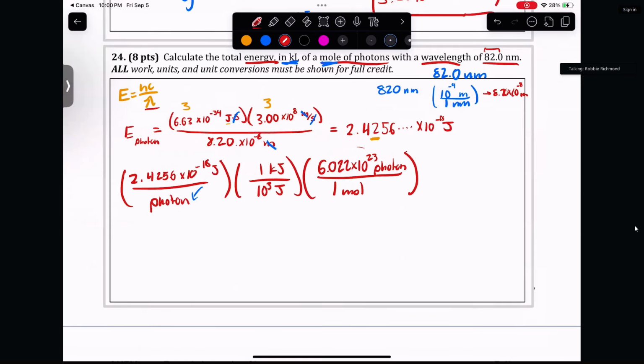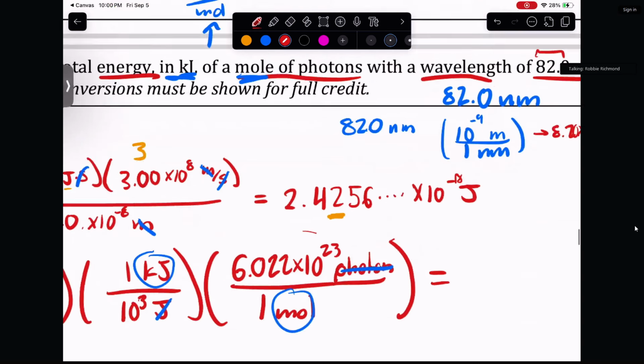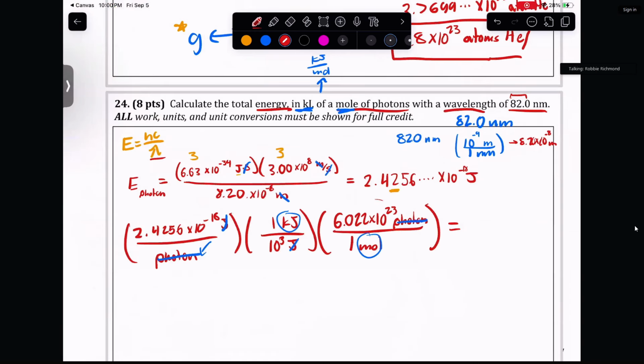Cool. So let's cancel out and see if we get our answer in kilojoules per mole. Joules cancel out. We're left with kilojoules. Photons cancel out. Nice. We're left with kilojoules per mole. Throw that in the calculator, and make sure to save this number in its entirety for your calculations.